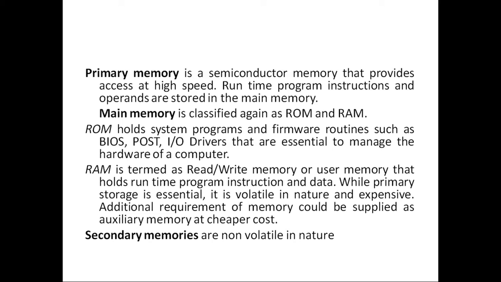RAM is termed the read-write memory, or user memory, that holds runtime program instructions and data. While primary storage is essential, it is volatile in nature. While you are working, RAM is active and you can use everything. The moment the power is gone, the RAM contents are lost. So while primary storage is essential, it is volatile in nature and expensive.